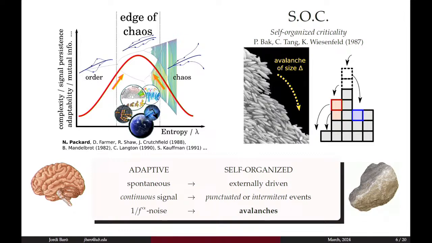Here, when we usually talk about a spontaneous system, here we talk about an externally driven system, and we usually consider continuous signals. Now we can study this in these systems as punctuated or intermittent events. That is what we call the avalanches.